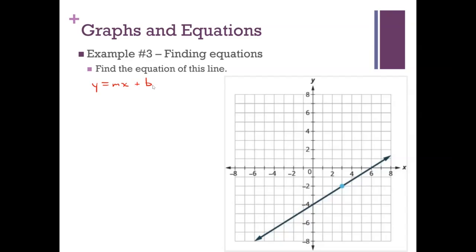So what does the y-intercept mean? When we use the phrase y-intercept, what are we talking about? Where does it cross the y-axis? What are the coordinates of that point right there where that happens? (0, -4).